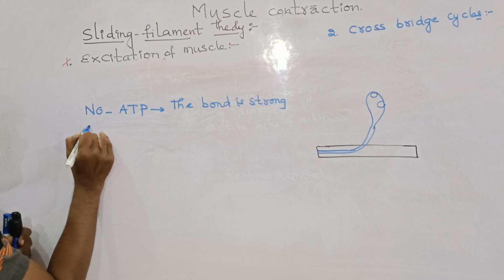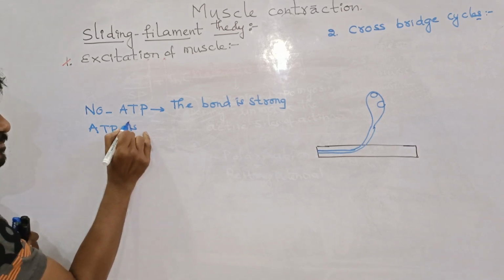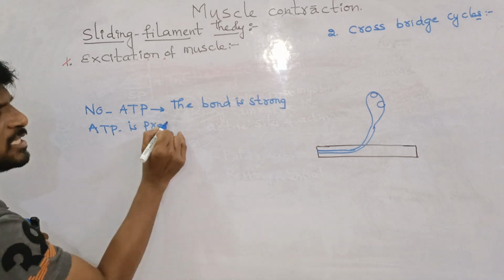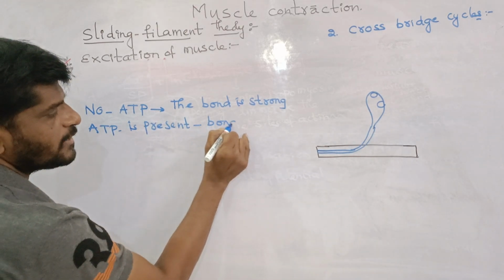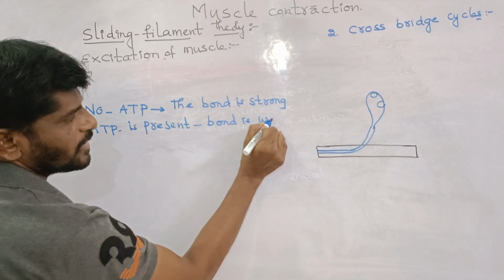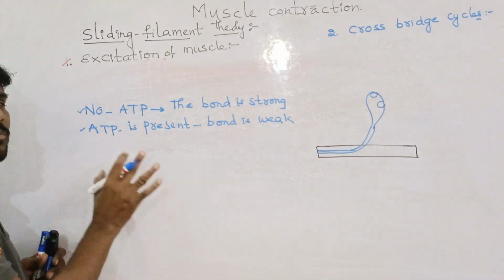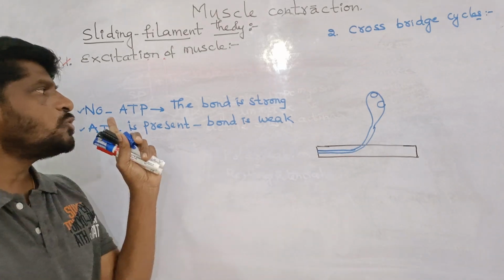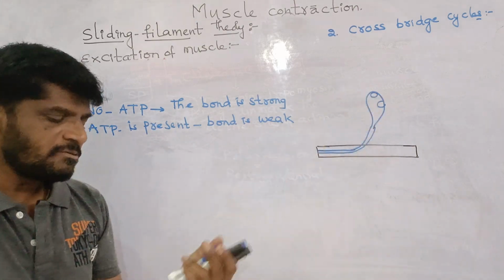When ATP is present, the bond is weak. This is very important to remember. When there is no ATP, the bond is strong. When there is ATP, the bond is weak.